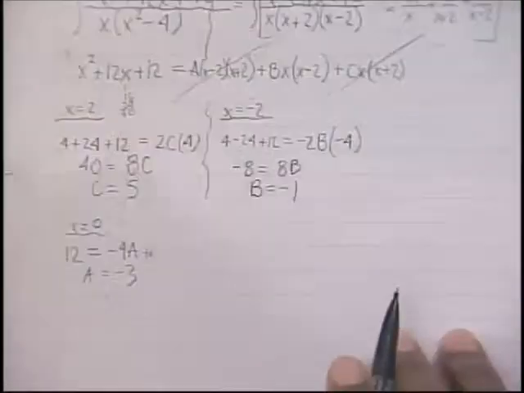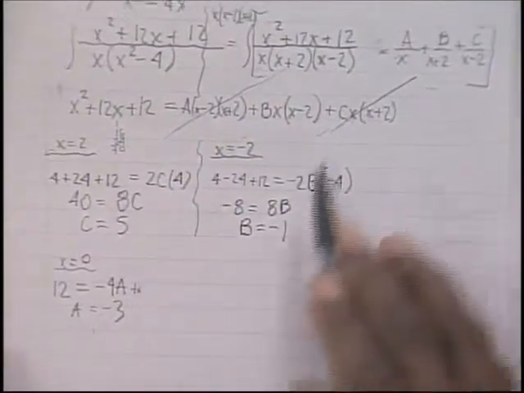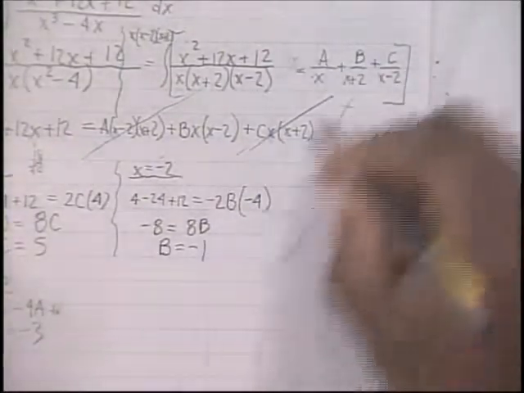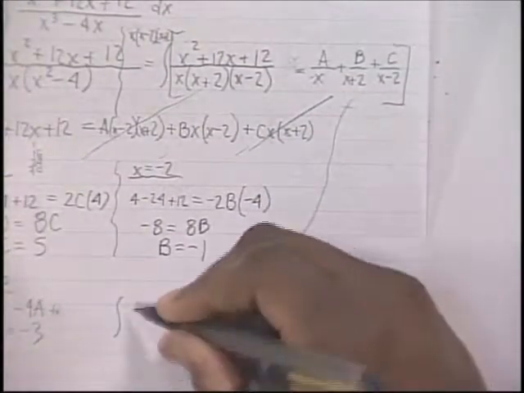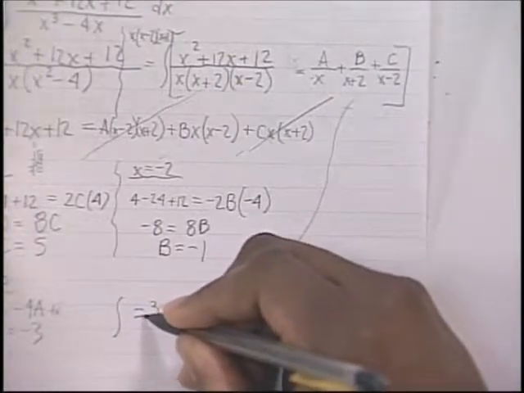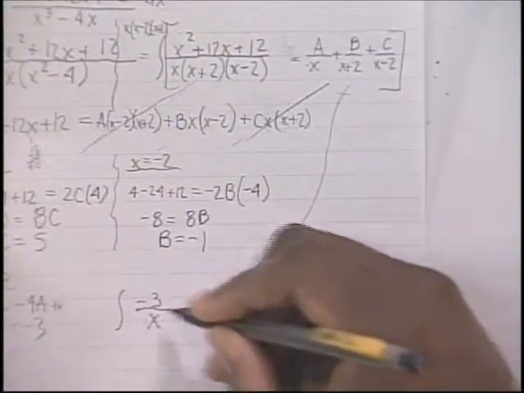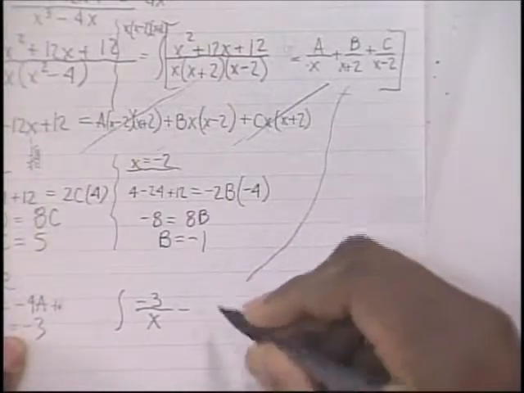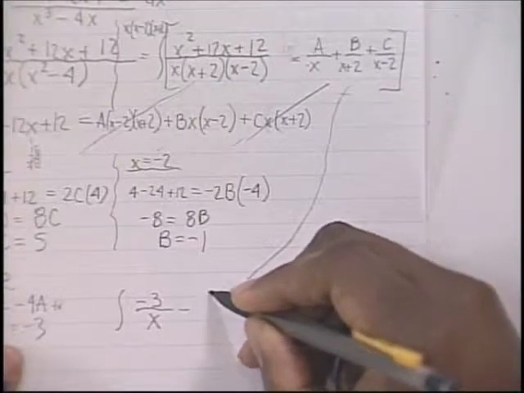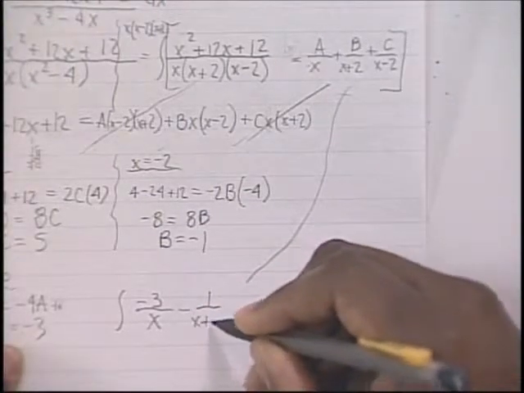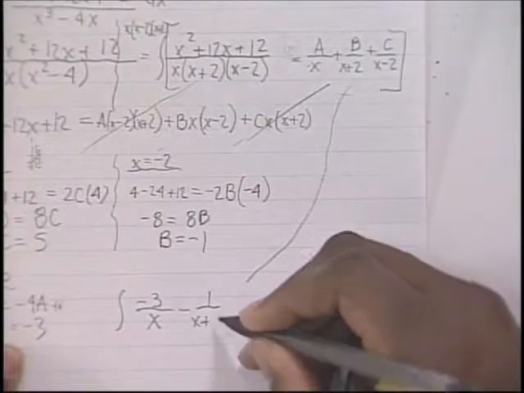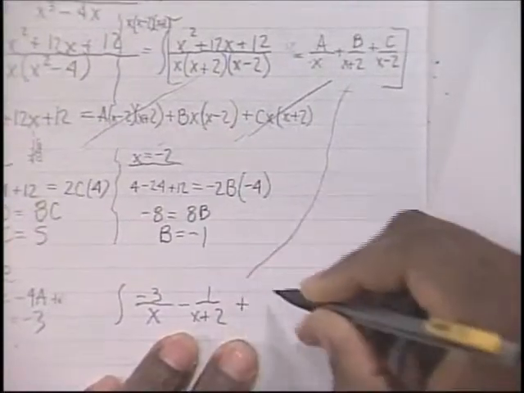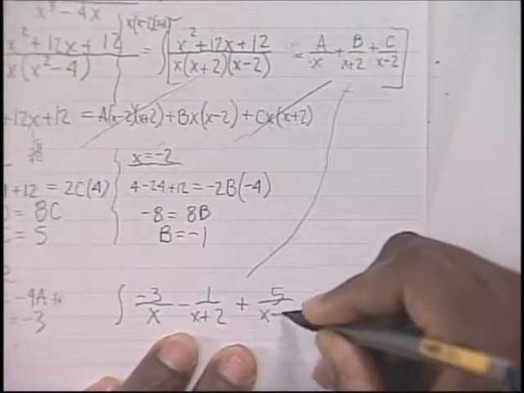Now you go back up to your problem. A is -3, so you really want the antiderivative of -3 over x, minus 1 over x plus 2, plus 5 over x minus 2.